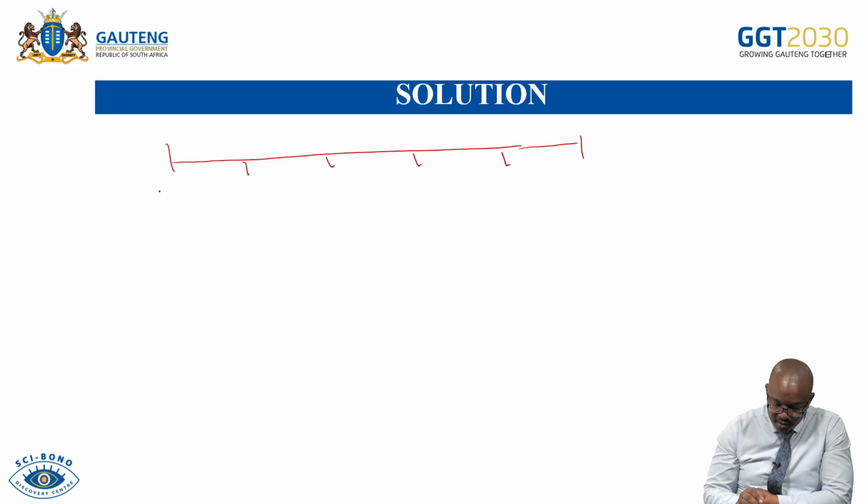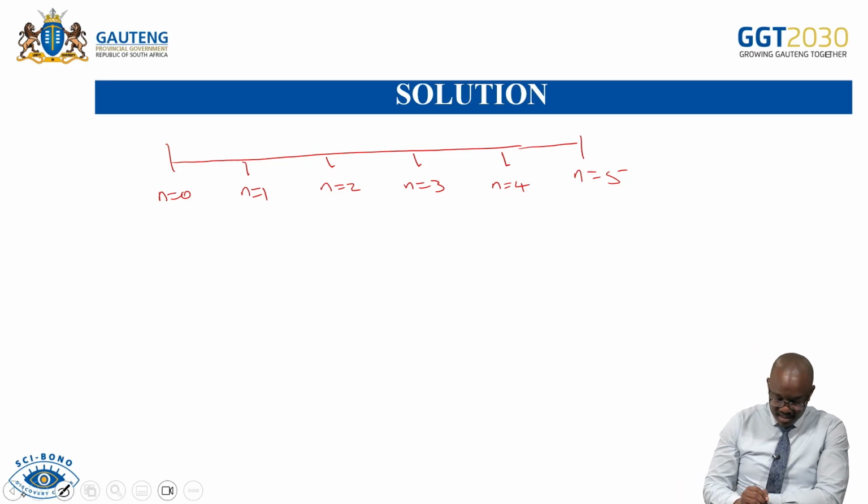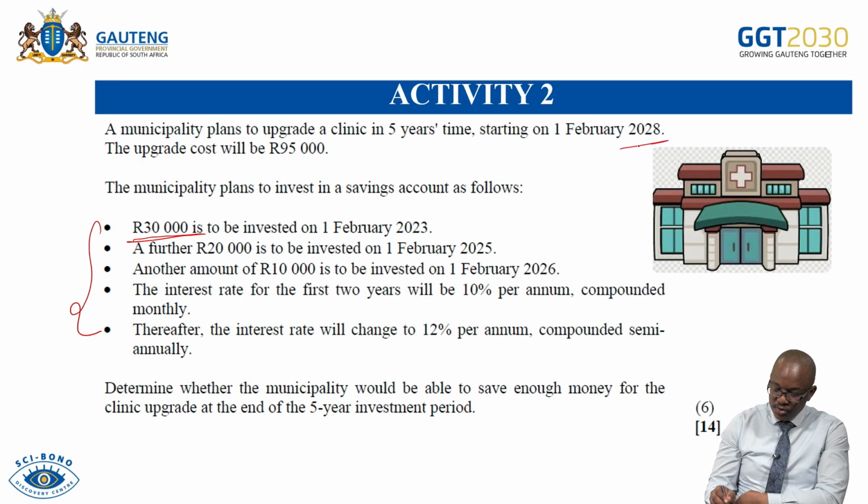For you to understand it better, remember we are talking about the years from 2023 to 2028.